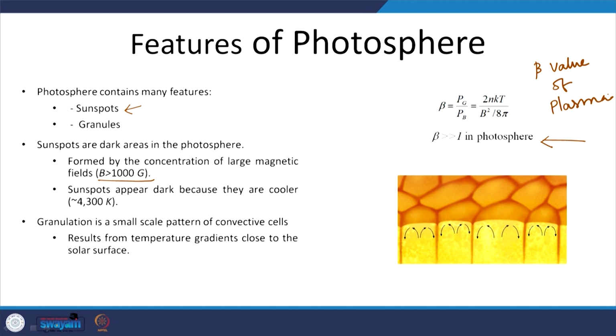How do you define the beta value of plasma? Beta value of plasma is defined as the ratio of kinetic pressure to magnetic pressure. So, this is the kinetic pressure and this is the pressure due to the magnetic field. And in the photosphere, the beta is very, very large. That means the kinetic pressure is enormously larger or the magnetic pressure is very, very small.